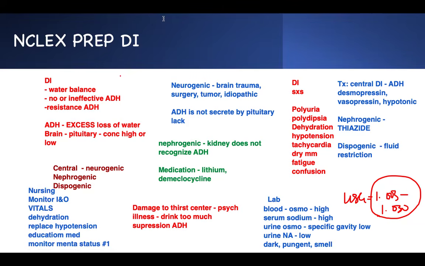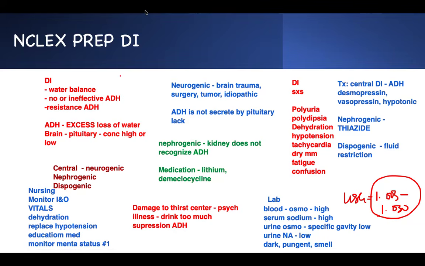You have to monitor their mental status because they can turn into SIADH. When you give them too much ADH, they turn into SIADH and their sodium becomes very low, hyponatremia, and then they go into seizures. That's why mental status is very important.